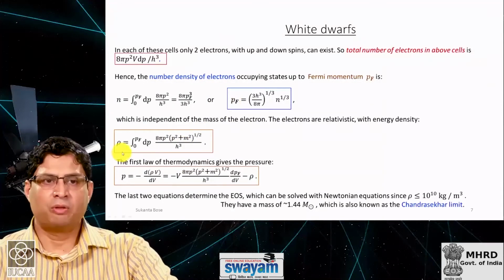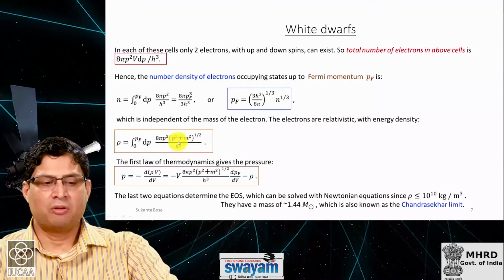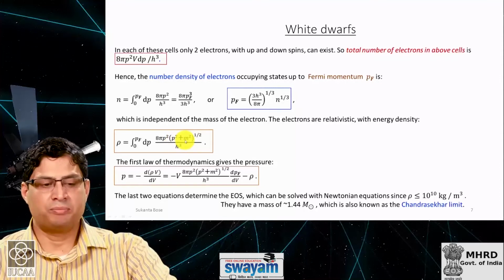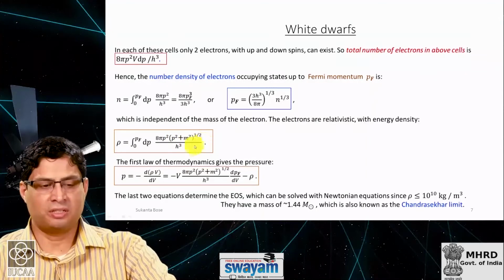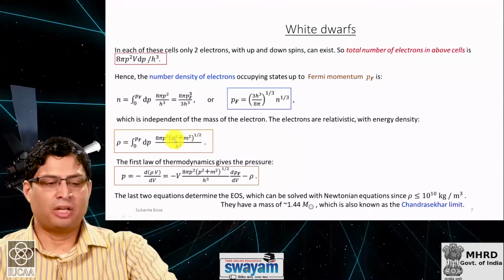That means when you calculate the energy density of these electrons, you again integrate from momentum 0 to the Fermi momentum, 8 pi p squared by h cubed, but for energy you use not just m c squared. Here c is set to 1, by the way, but you actually also include p.